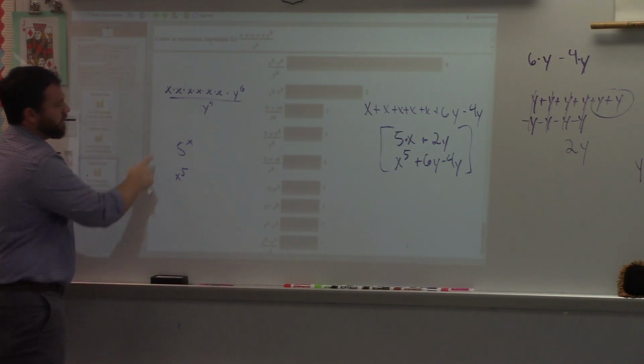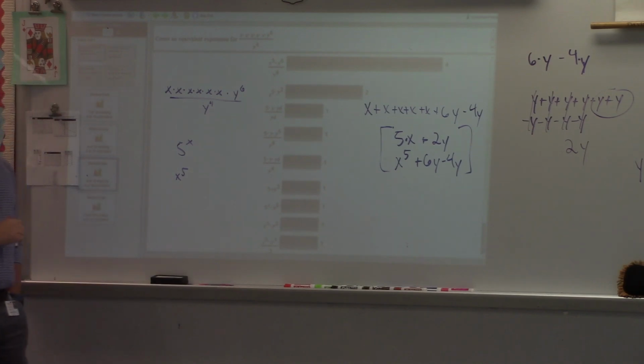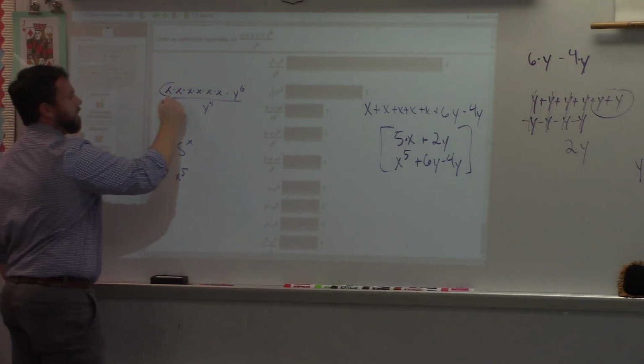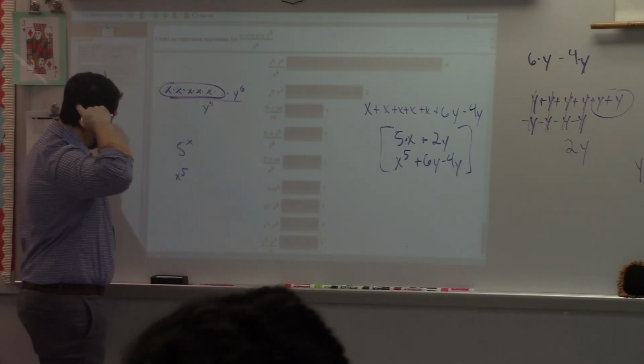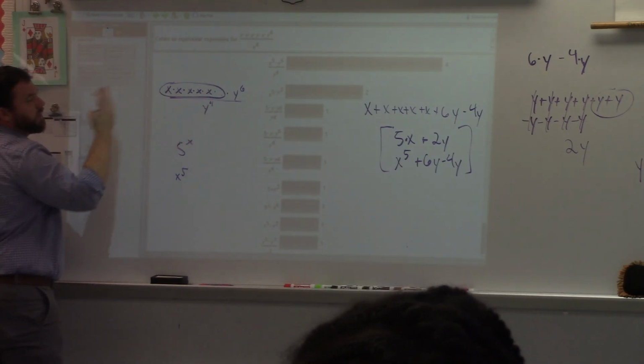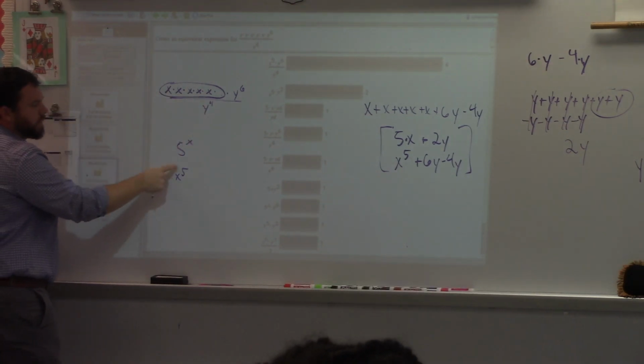Is it 5 to the x or x to the 5th? X to the 5th. And for each of them, why is it x to the 5th? It's constant multiplication. It's constantly multiplying what? Oh, is it only 5 x's and I drew 6, I think? So we're multiplying x 5 times, right? So x to the 5th.